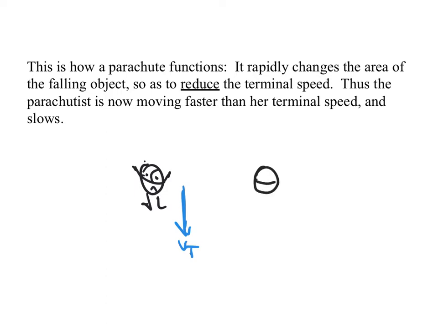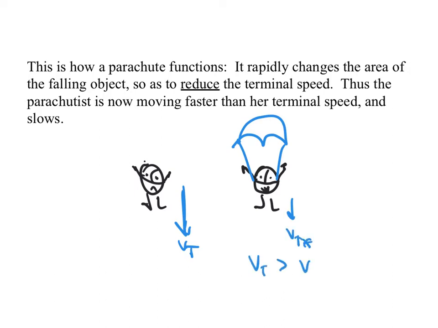Then they deploy a parachute, the parachute gives them much greater cross-sectional area, so that the terminal velocity becomes smaller. And the hope, of course, is that you reduce the terminal velocity to a speed at which you can safely impact the ground. For people, this can be from going from 120 miles an hour to only a handful of miles an hour if you deploy a large enough parachute.